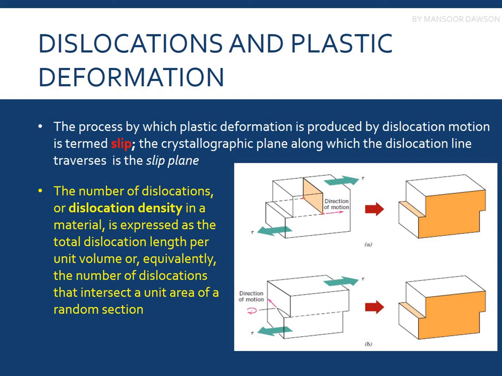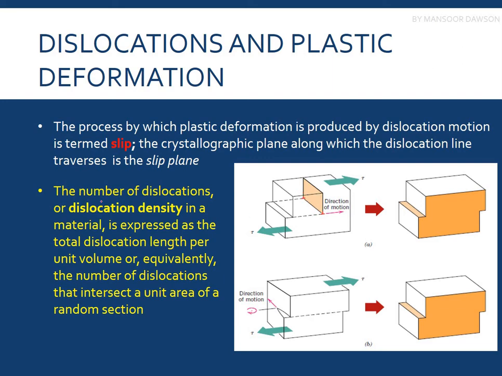The process by which plastic deformation is produced by dislocation motion is termed slip. The crystallographic plane along which the dislocation line traverses is the slip plane. So basically, the plane in which the dislocation is moving due to plastic deformation is called the slip plane, and the dislocation motion is called slip.